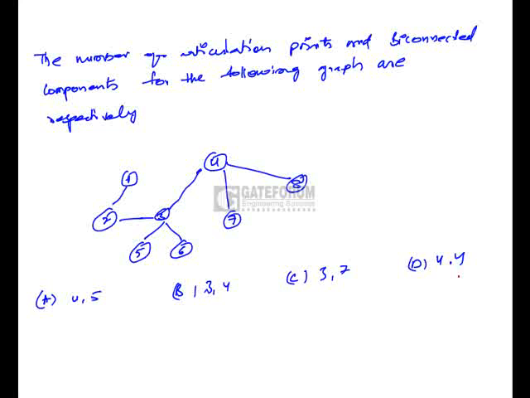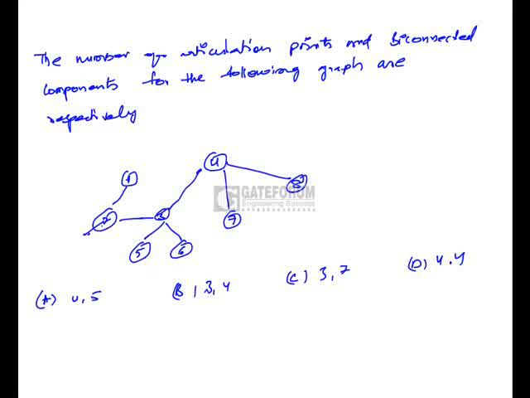So if we see this particular graph, we can say there is one articulation point. Why? Because if we delete 2, the graph will get disconnected into two components, this part and this whole part. So 2 is one of the articulation points. In the same way, 3 and 4 are also articulation points.